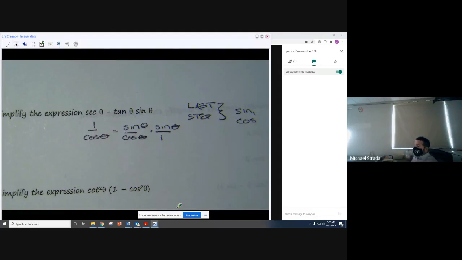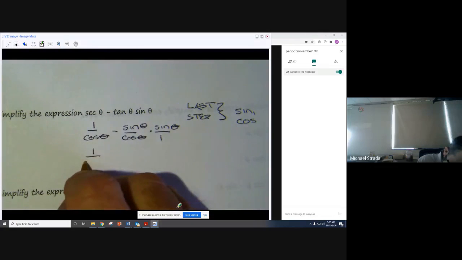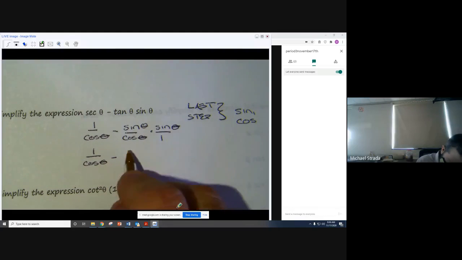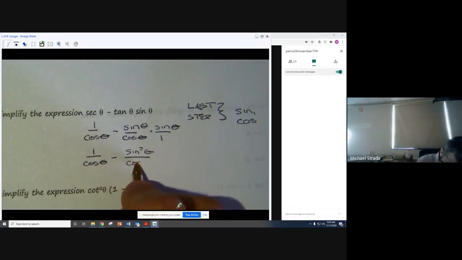So everybody good with that? All right, so the last one, the sine theta turns into sine theta over 1. Now you're going to simplify. Every step you show gets you credit. So 1 over cosine theta minus sine times sine would be sine squared over cosine theta.